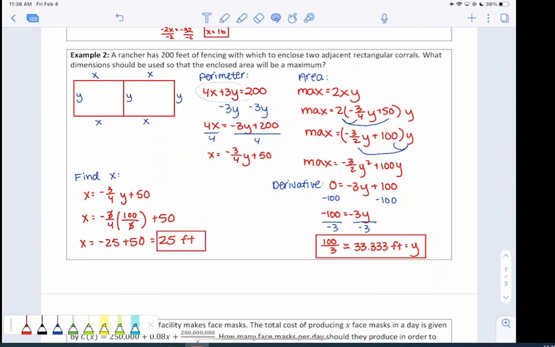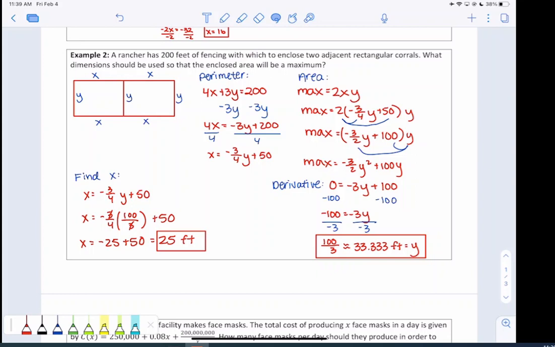So if you want to plug into your original perimeter equation or this equation, which we already have isolated for x, both work. Now these answers make sense, right? If I would have gotten a negative dimension, I would think to myself, okay, that's not possible for me to have a negative length, so I need to go back and check my work.